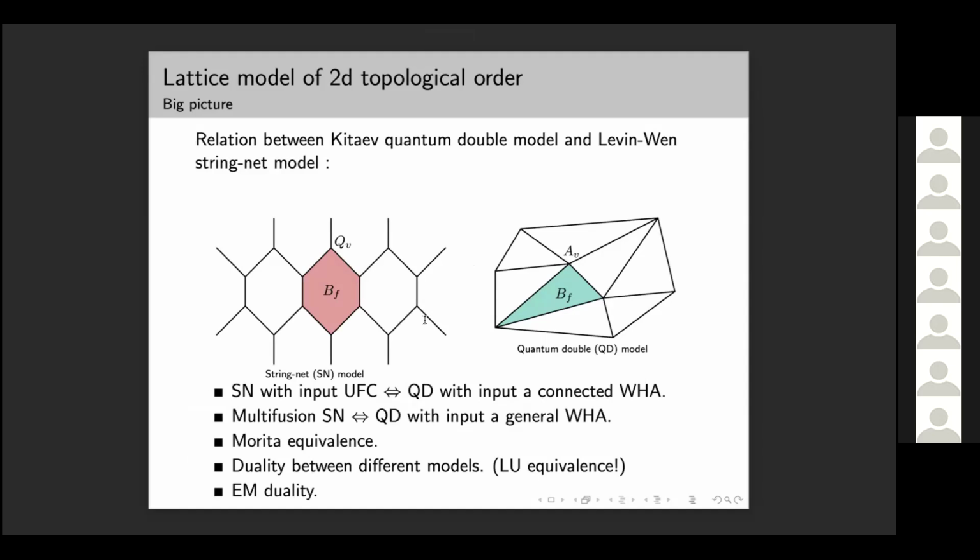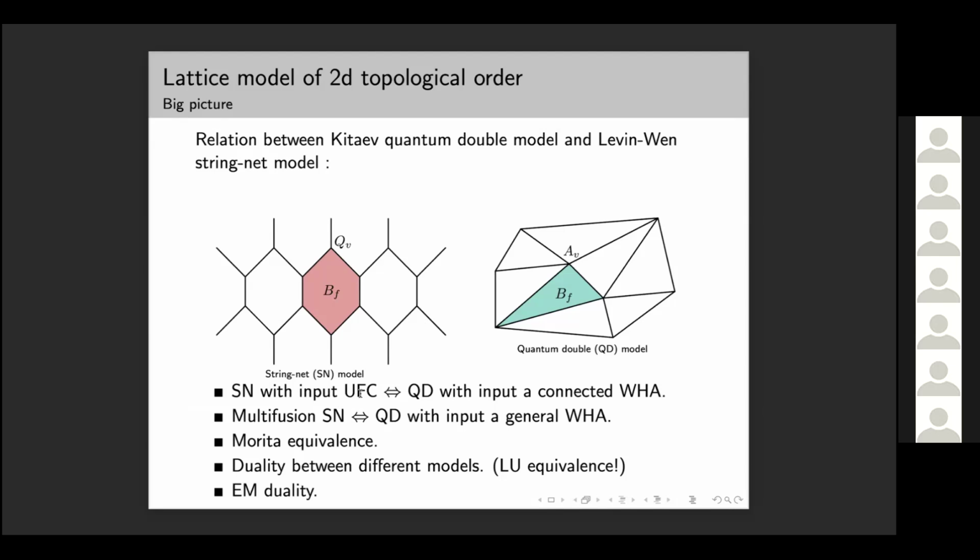They are equivalent, their macroscopic theories are equivalent, and we can find a unitary transformation relating the two models. The input of the Levin-Wen string model is usually a unitary fusion category. For any unitary fusion category, there always exists a connected Hopf algebra whose representation category is this unitary fusion category.